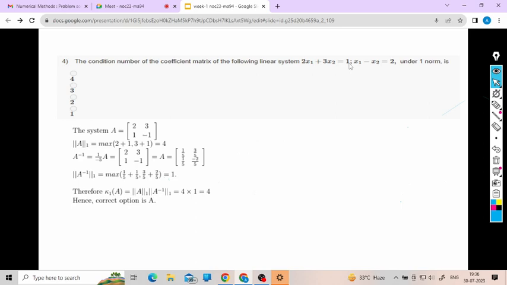Ma'am, what is the norm called in which we have to take the summation of the row values?